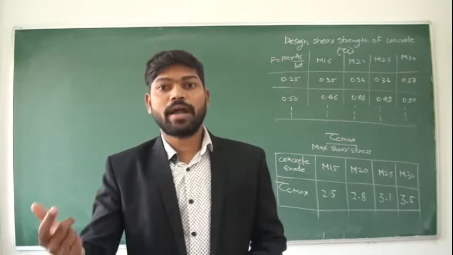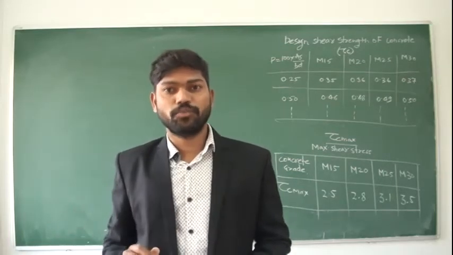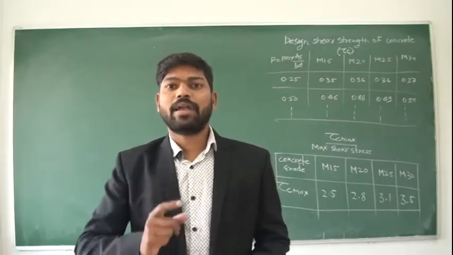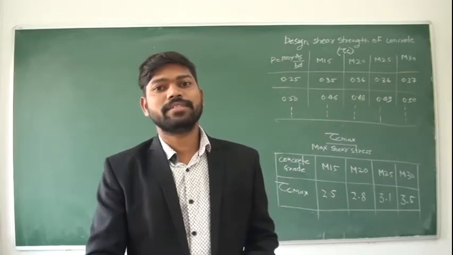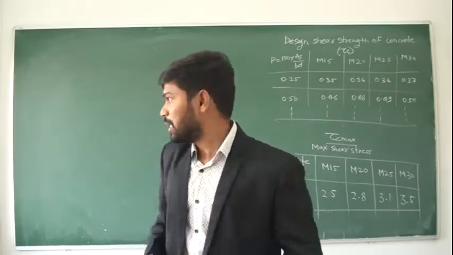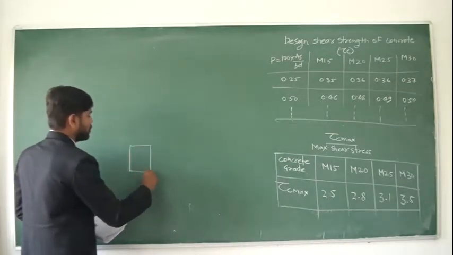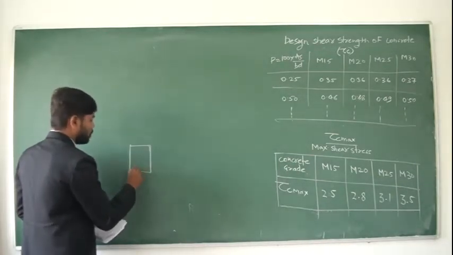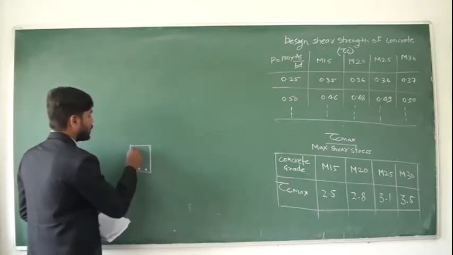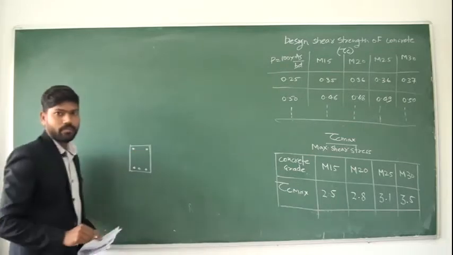The compression is taken care of by the concrete alone, that is our assumption, and the whole tension will be taken by the steel reinforcement. So that's why the main reinforcement is provided at the bottom of the beam, and two anchor bars are provided at the top.